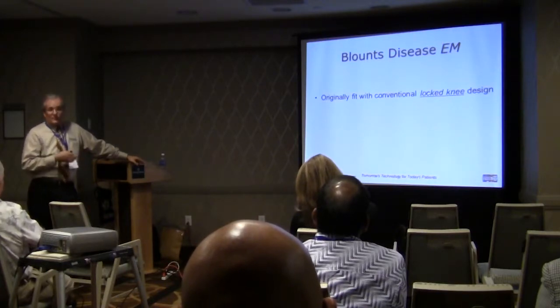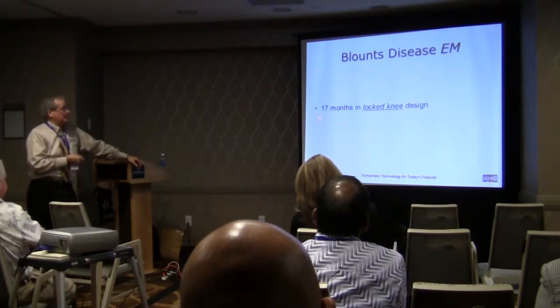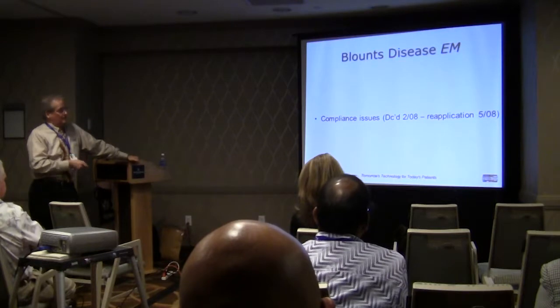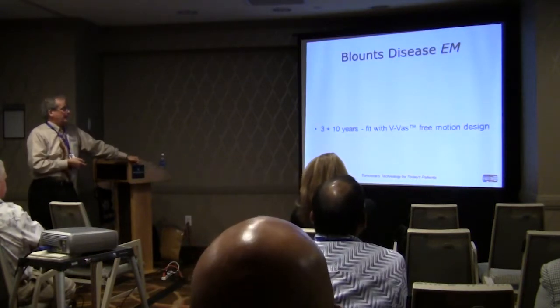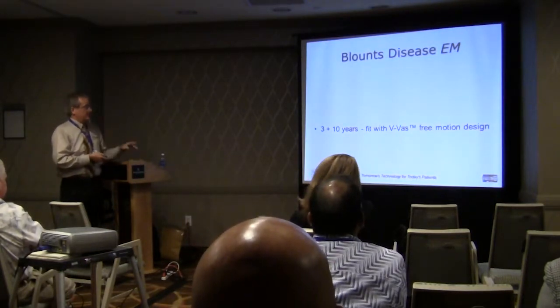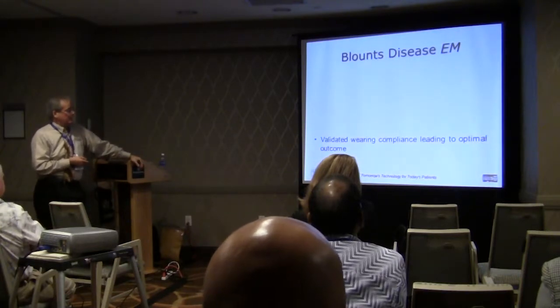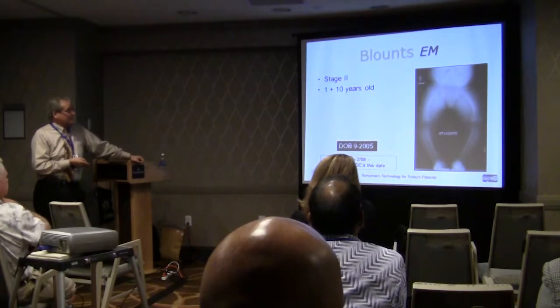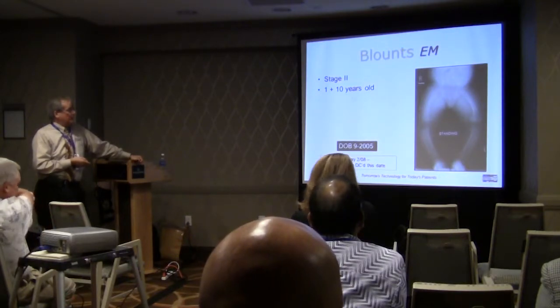Originally he was fit with a conventional lock knee double upright design. He was in the lock knee design for 17 months. There were some compliance issues and they were discontinued in 2008. 3 months later they were reapplied. At 3 plus 10 years he was fit with a VVAS free motion design, and wearing compliance was validated, leading to the optimal outcome. So this is the initial 1 plus 10 years.